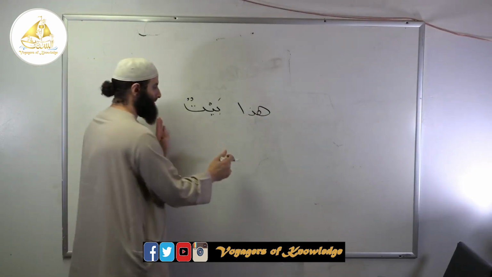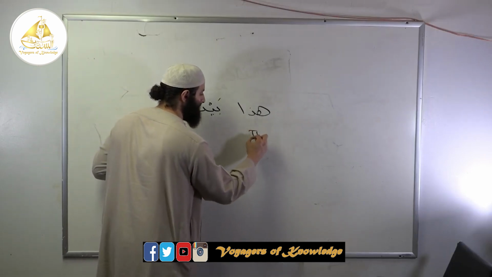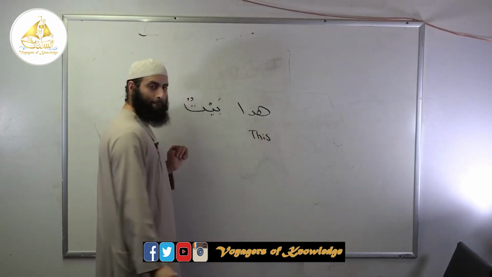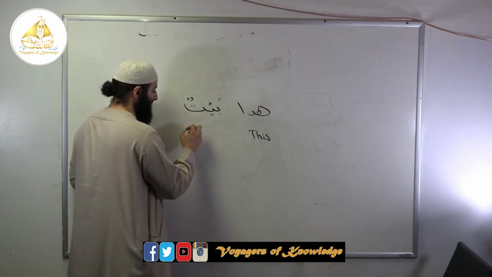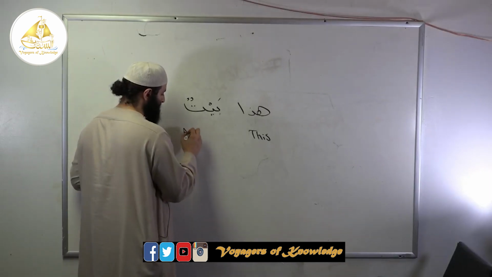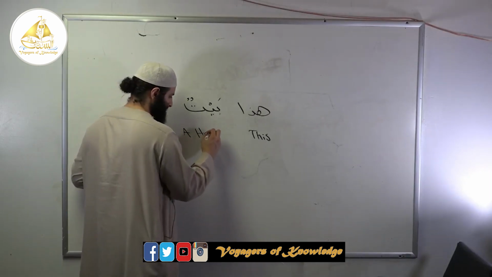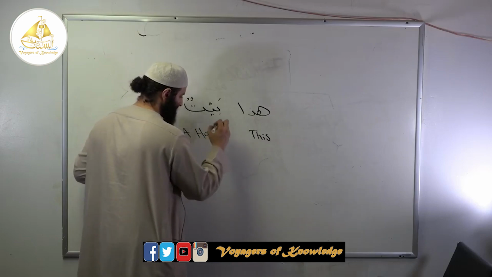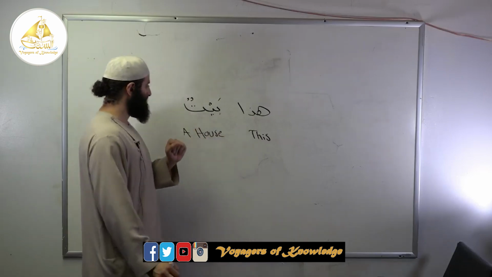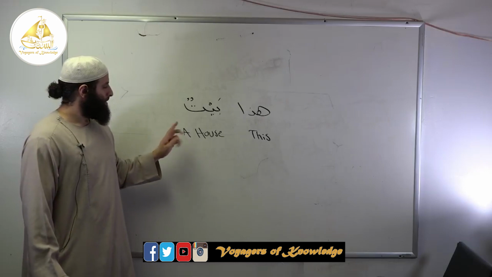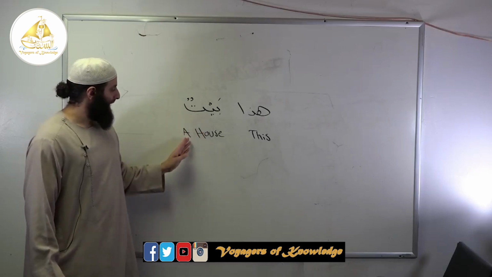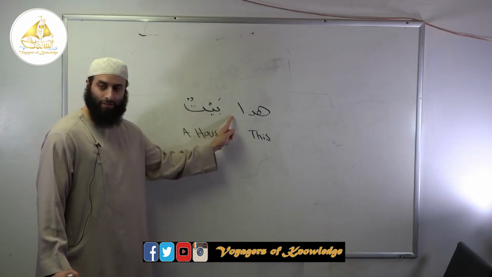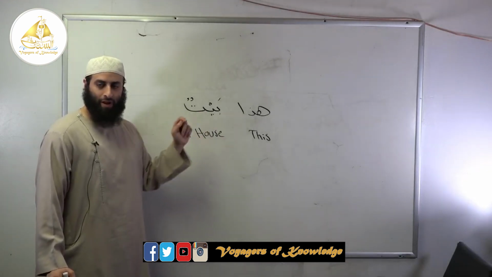When you translate this word for word, it means this, and this is just house, or a house. Now, how do we know this says a house when there's not an a here? There's no alif there, right?